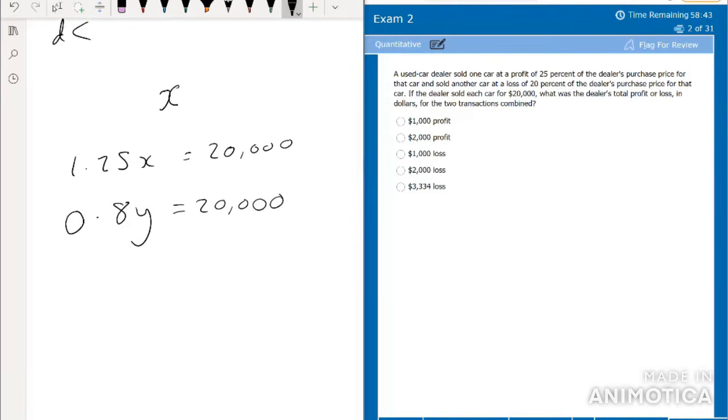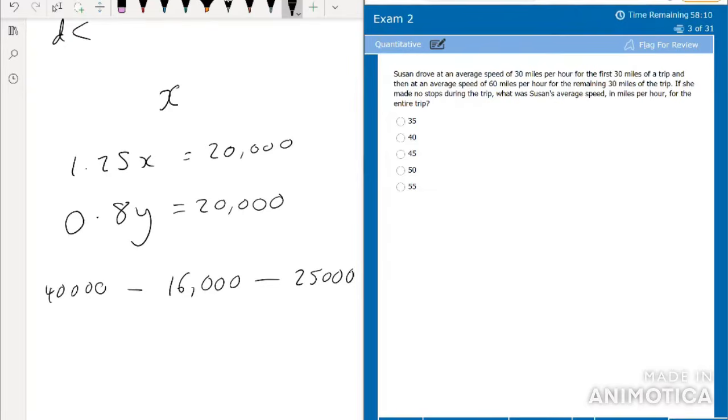Well, we just need to check what x and y are, because he made 40,000 in total. So his profit is going to be 40,000 minus whatever he paid. And so x is going to be 20,000 over 1.25, which is 20,000 over 5 times 4, which is 16,000. And y is going to be similar, 20,000 over 4 times 5, so 25,000. And so he's made a $1,000 loss.